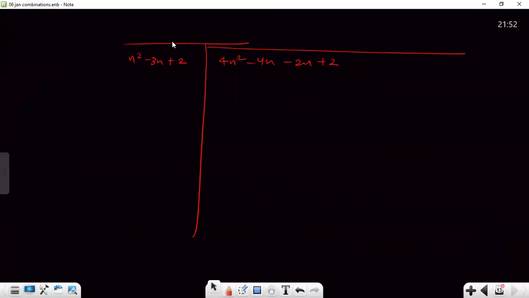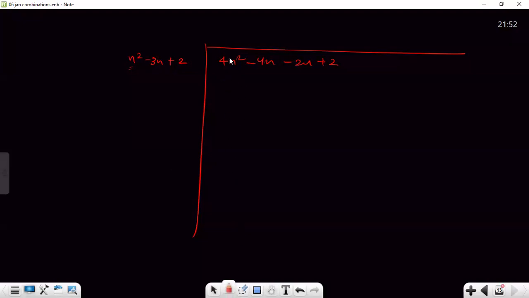Okay, so first things first, we have to write the polynomial in a decreasing degree power. So we have to first make it completely subtracted to 0.